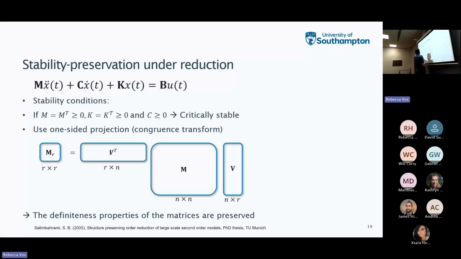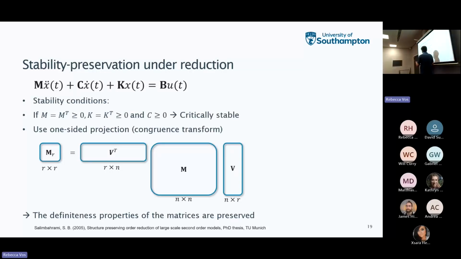These are some of these stability conditions. Now, these are not necessarily required stability conditions, but they're sufficient. So if you have a system that conforms to these stability conditions, you know it's stable. But it doesn't mean that systems that don't have these conditions are necessarily unstable. But regarding stability preservation under reduction, we found out that if we don't adhere to the stability conditions under reduction, we usually end up with a system that is unstable in the reduced order form.